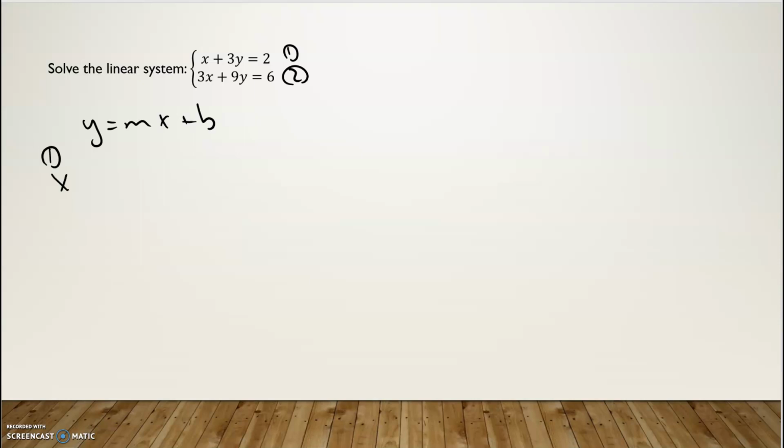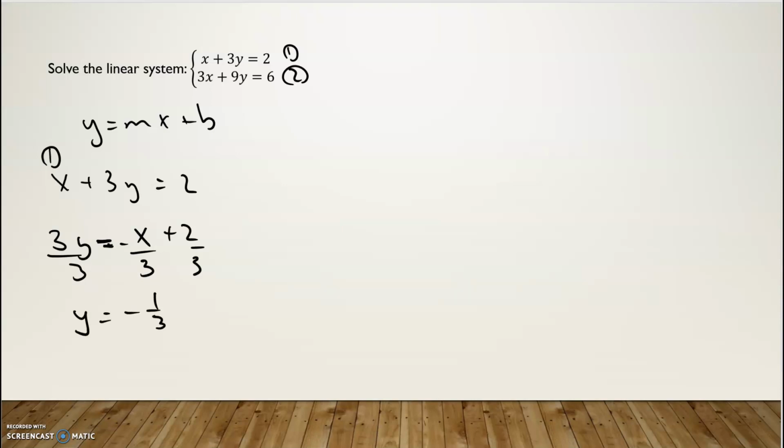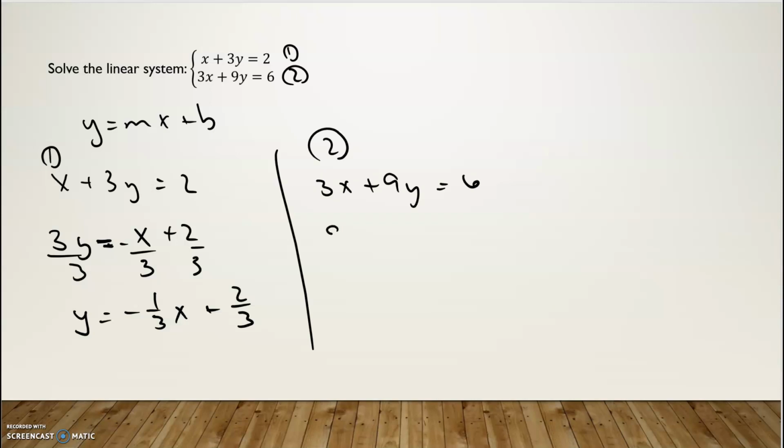So for x plus 3y is equal to 2, I'm going to move that x over to the other side and then divide by 3. So y equals negative 1/3 x plus 2/3. Now 3x plus 9y is equal to 6. I'm going to move that 3x over to the other side and then divide everything by 9.